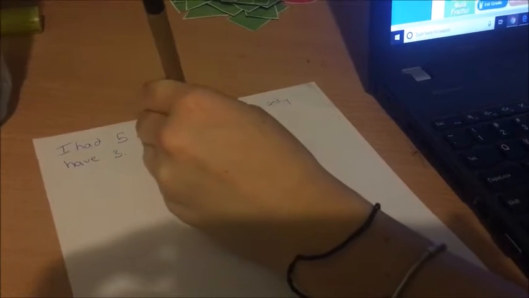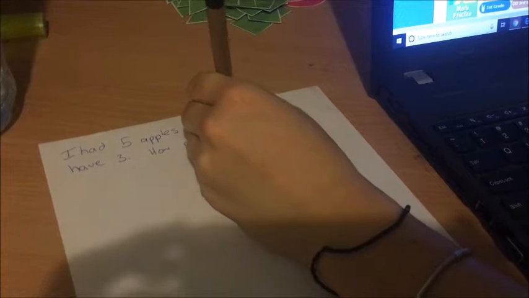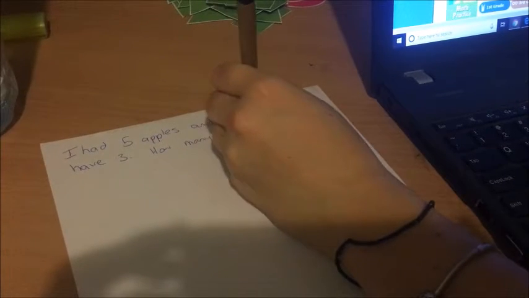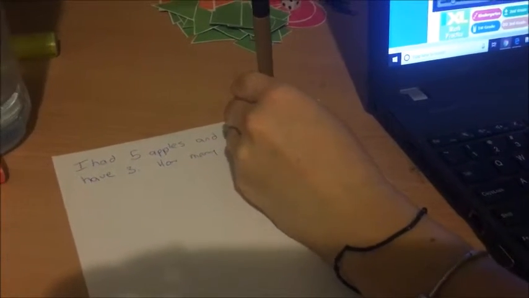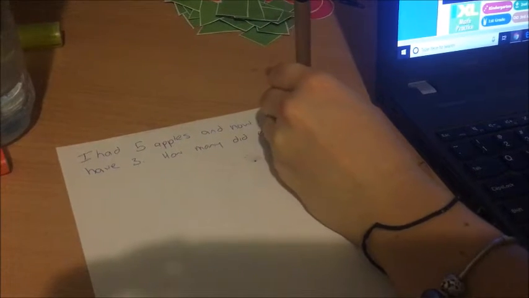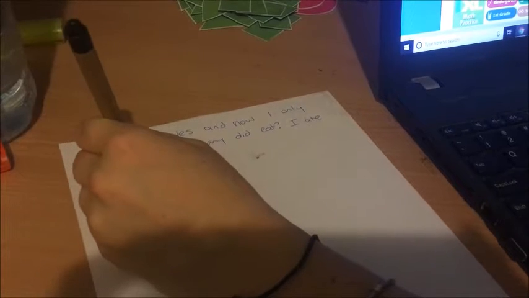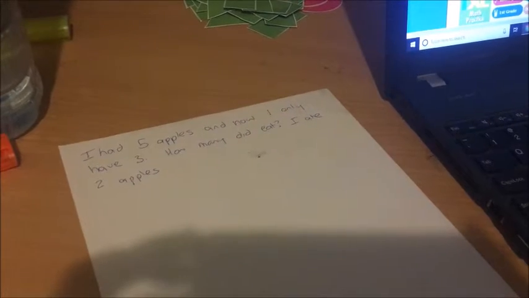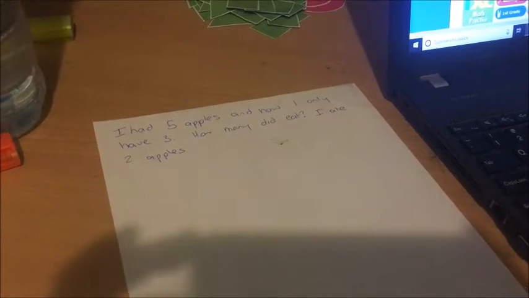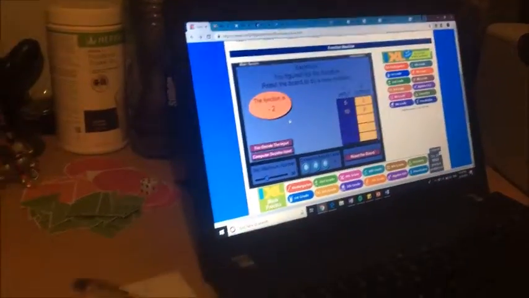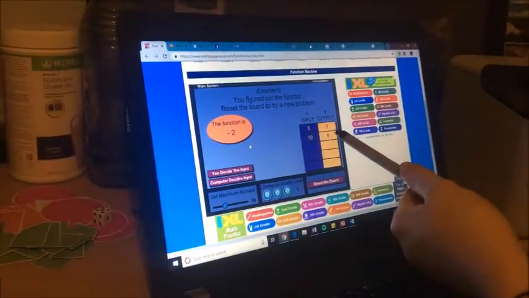How many did I eat? I ate 2 apples. Awesome, so we had 5 apples, which is the 5 input, and then I only have 3 left, which is my 3 output, and that's because I took away 2, which is the function.